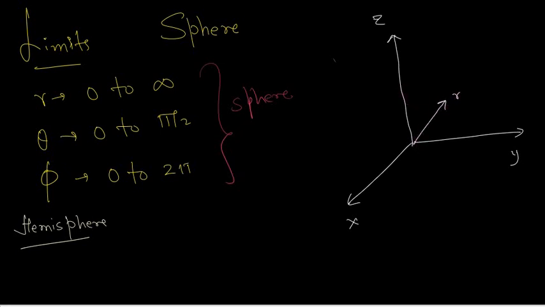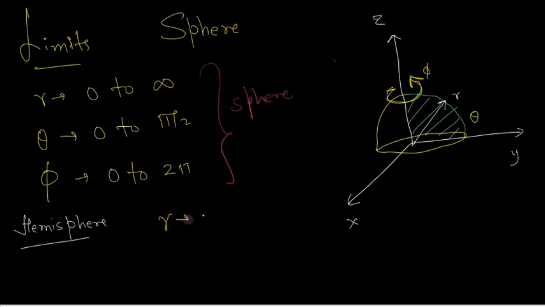Now corresponding theta. If you vary your theta from here to here, it will complete a 1/4 of the circle. Now you move along this xy plane, so move in this direction. You're changing phi. So this is your theta direction and this is your phi direction. If you transform it, then you will see that you will get the hemisphere.